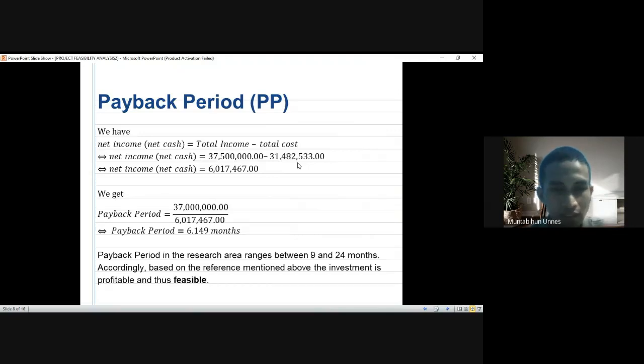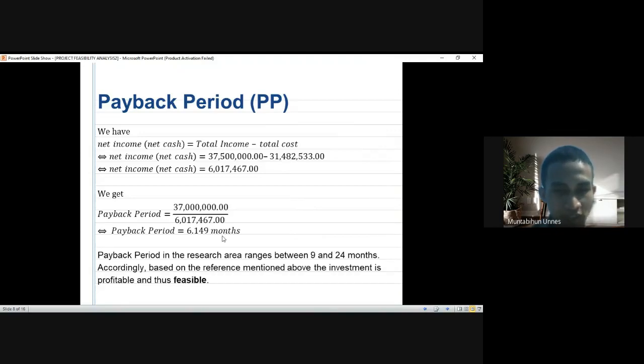And the net income is 6,017,467 rupiah. And then we get the payback period is 37 million divided by this monthly net income.